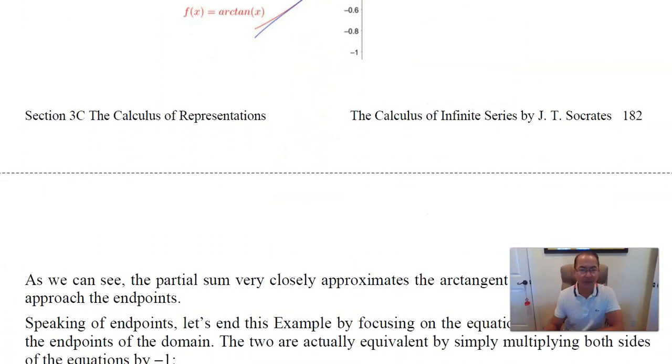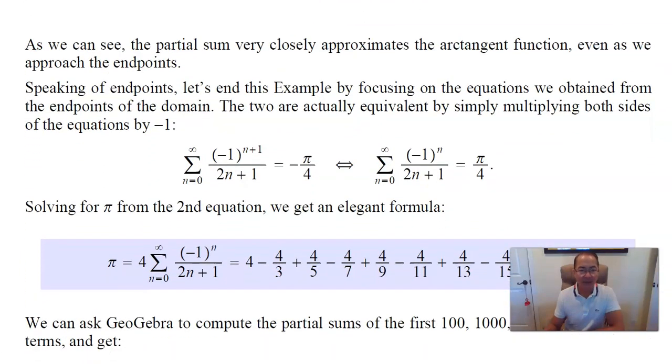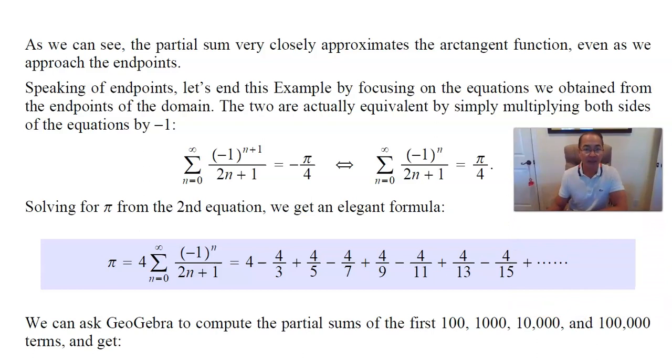They won't. So speaking of endpoints, we said that we get pi over 4 as the arctangent of 1. So this formula gives us pi if we multiply both sides by 4. Here is a very elegant formula for the number pi expressed as an infinite series.